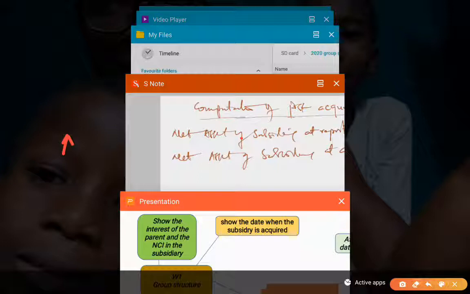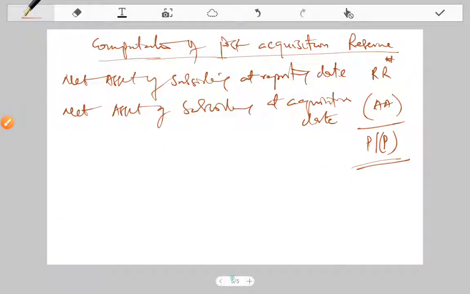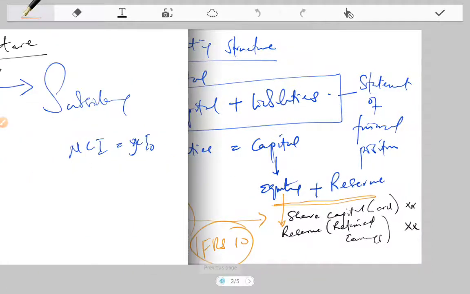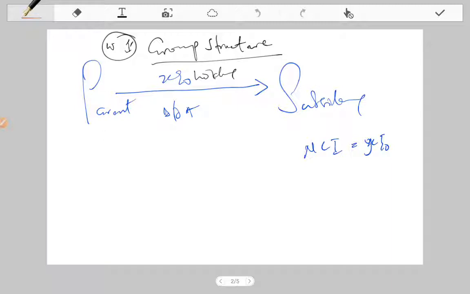Our ability to know what are the things that we need to look for in the group structure is what we have said earlier. The group structure, we have the parent, subsidiary, and if it is not fully owned, NCI will exist. And how do we get NCI? I said NCI is the residual value.